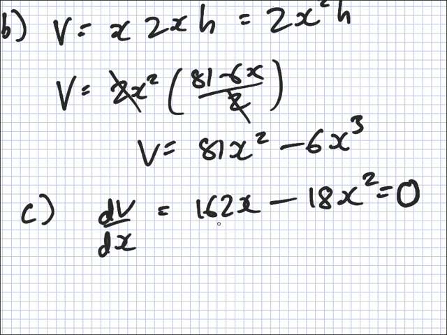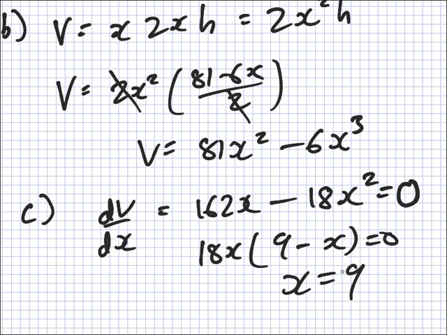Does 18 go into 162? Yes, 9 times. So if I take 18x out, this would be 9 minus x. Obviously 0 is not an answer, so x is 9. That's 5 marks for those 3 lines.